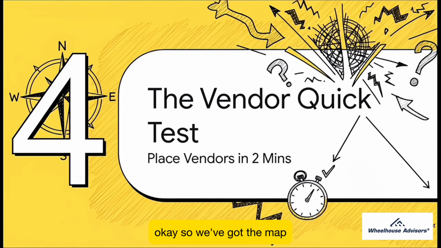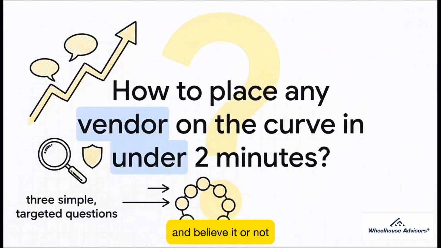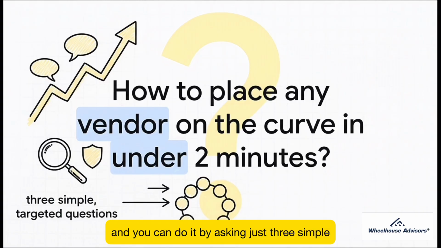Okay, so we've got the map, we understand the path. Now for the really practical part. How can you use this right now to cut through all that marketing noise from vendors? And believe it or not, this framework lets you do just that. You can figure out where any vendor really fits on this curve. And you can do it by asking just 3 simple, laser-focused questions.